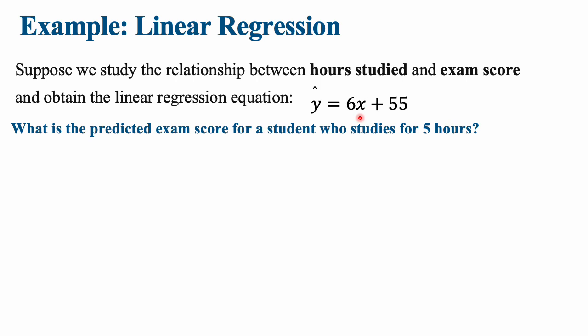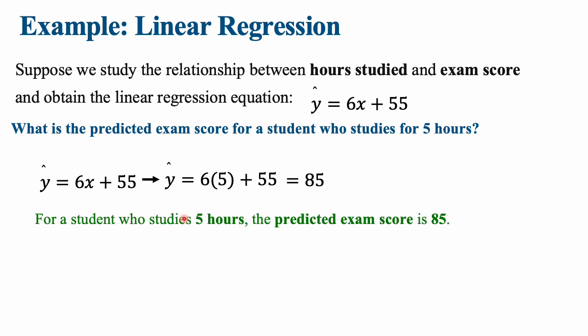So x is study hours, y hat is the predicted exam score. y hat equals 6x plus 55, with x equal to 5: 6 times 5 plus 55. That's 30 plus 55, which is 85. So for a student who studies 5 hours, the predicted exam score is 85.